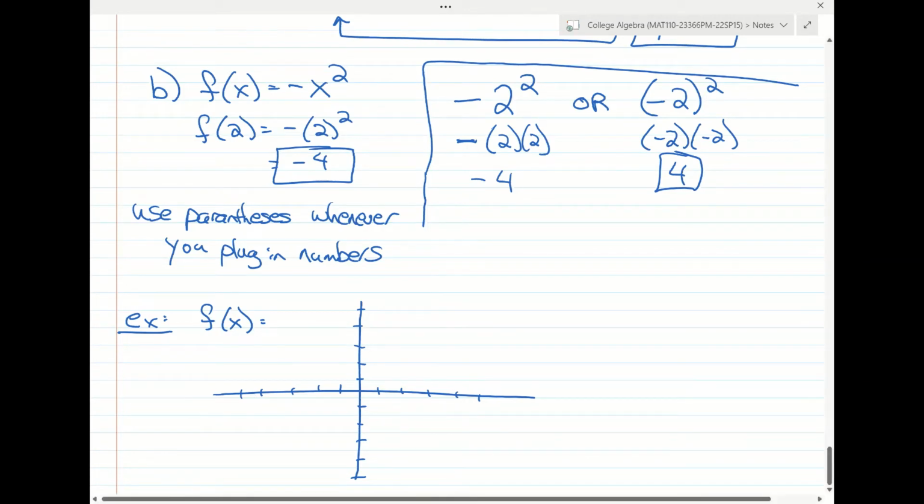I want to put a point right here at 3, 0. Point right here at 0, 1. I want to connect those dots. I get a graph that looks like this.